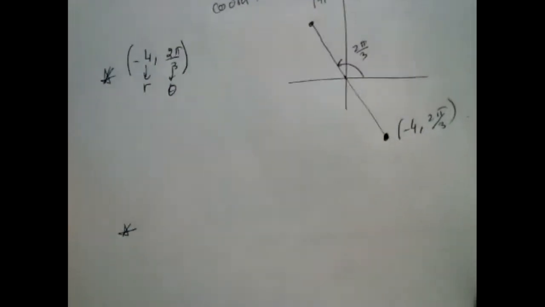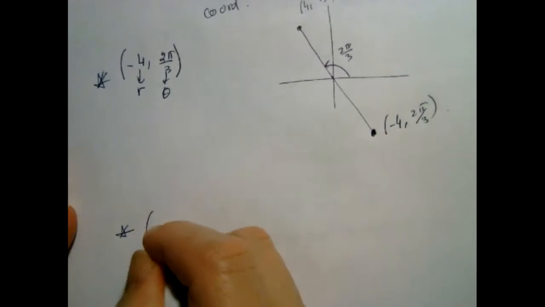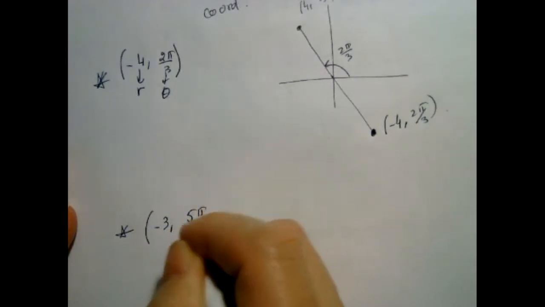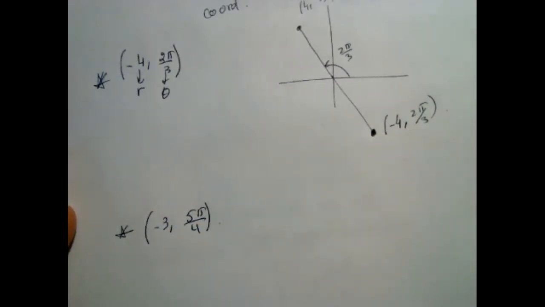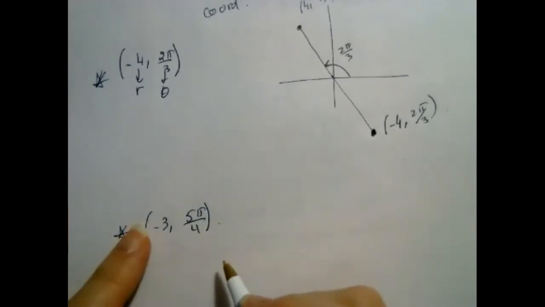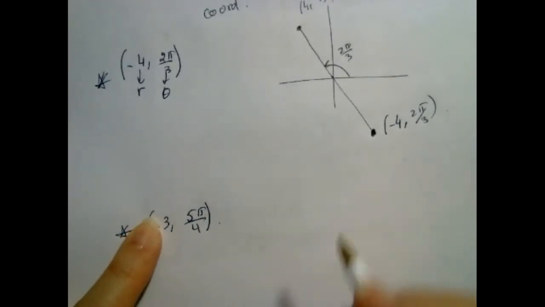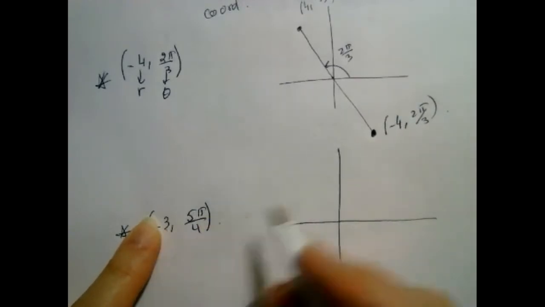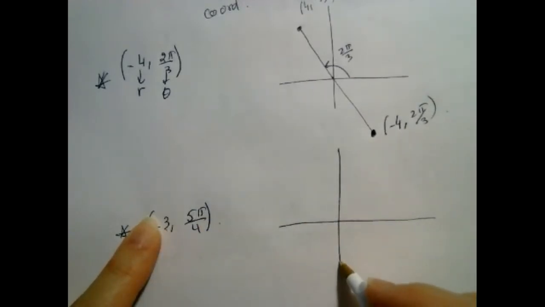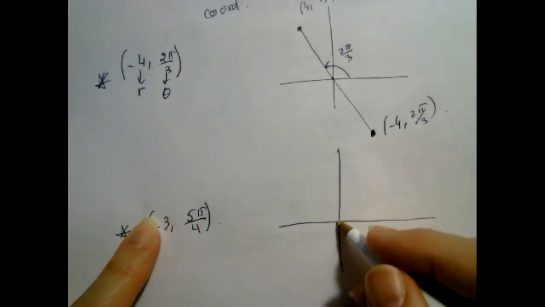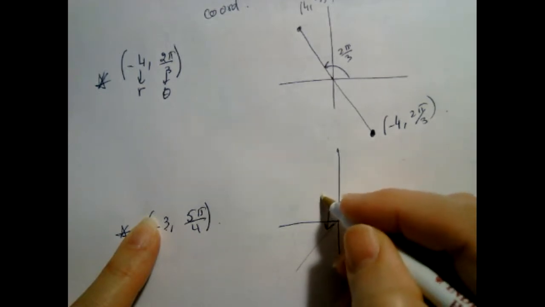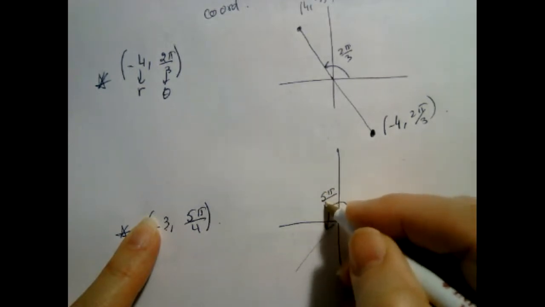So now I'm going to sketch the point minus 3, 5 pi over 4. Okay. Again, first we sketch the one with the positive r. So it's the 3, 5 pi over 4. Now 5 pi over 4 is going to put me right there. So this is the theta, that's the 5 pi over 4.